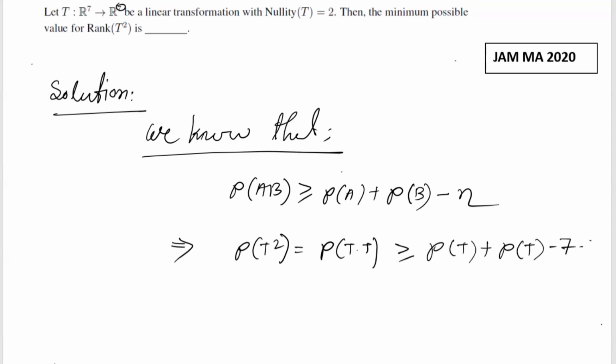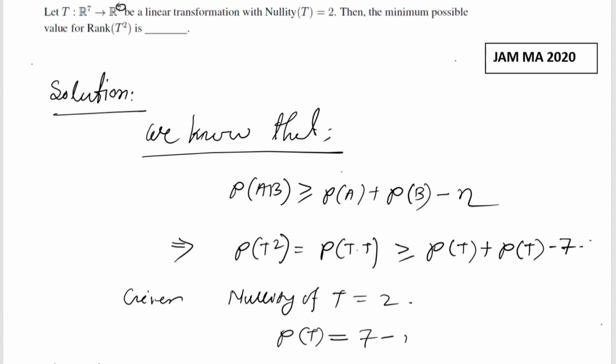Here, given the nullity of T equals 2, the rank of T is equal to 7 minus nullity of T, which is 7 minus 2, equal to 5.